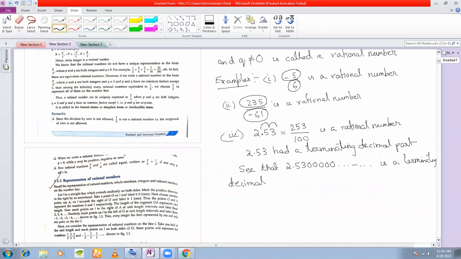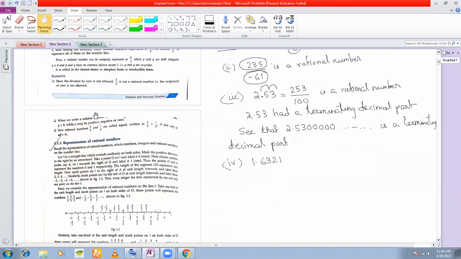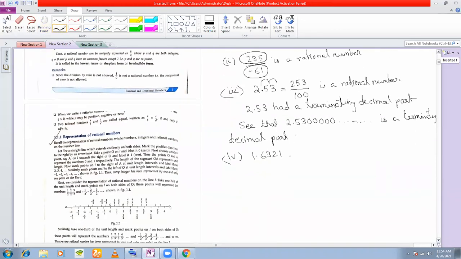So let me give you another example. Let us say 1.6321. Is this a rational number? Yes, it is a rational number, because if you shift 4 places of decimal, it will become a fraction. You convert this decimal to a fraction: 16321 divided by, you move the decimal 4 times, so you put 4 zeros in the denominator.